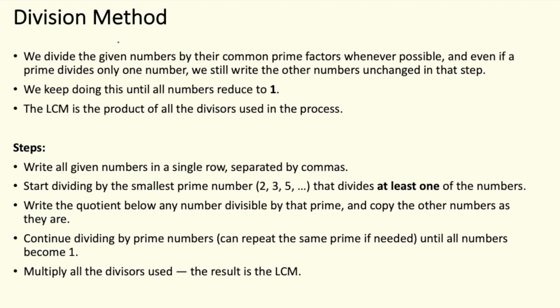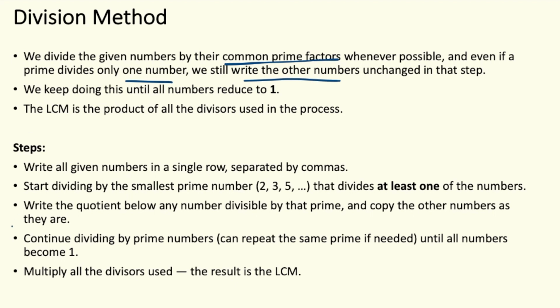We divide the given numbers by their common prime factors whenever possible, and if a prime number divides only one number, we still write the other numbers unchanged in that step. We keep on doing this until all numbers reduce to 1. Then the LCM is nothing but the product of all the divisors used in the process.